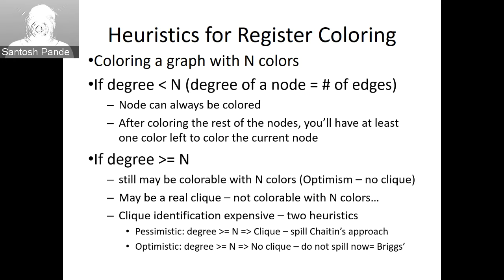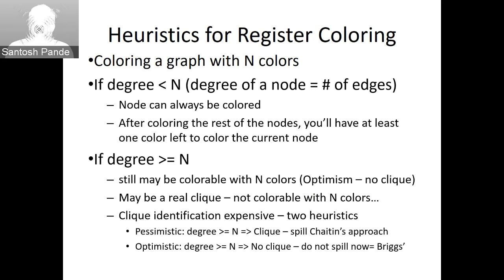They may not interfere with each other, and so some of them may share a color, even if my degree is greater than or equal to n. I can easily see this particular case: even under this situation, if two or more of my neighbors share a color, then you could still have some color left for me, and so I'll be colorable. That will be case one.